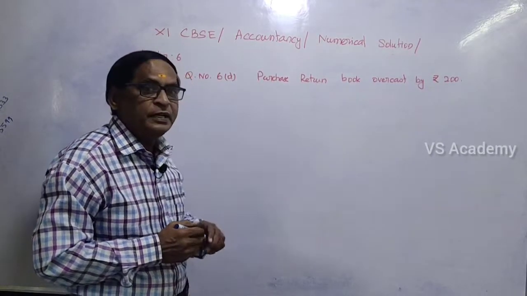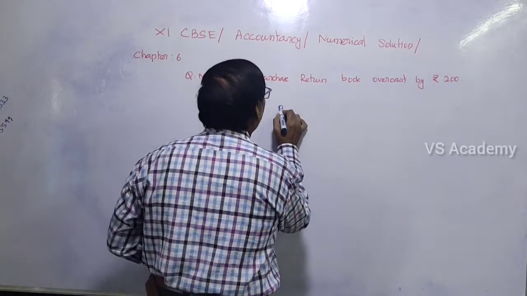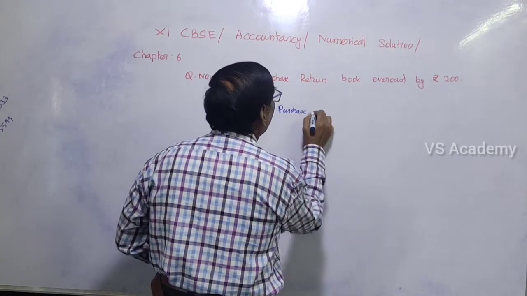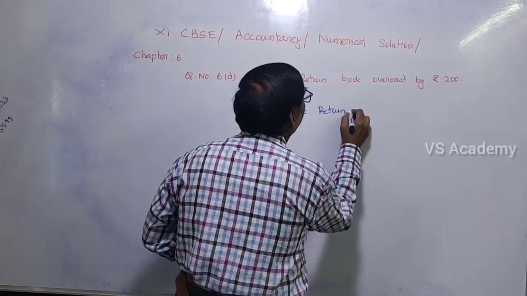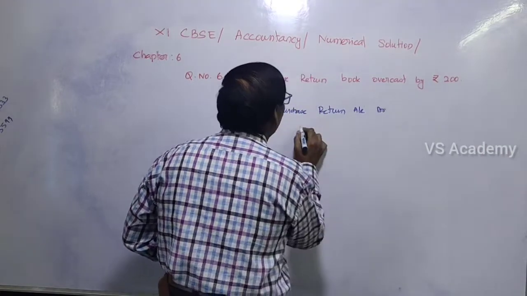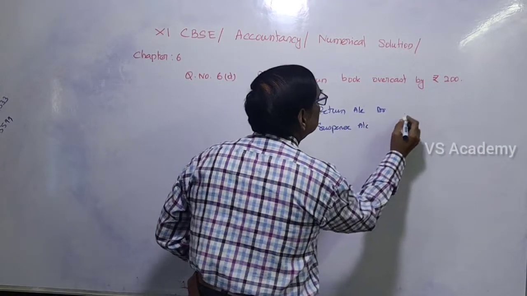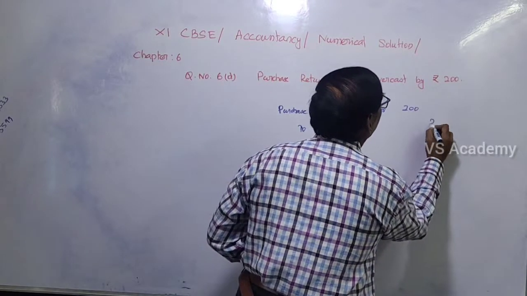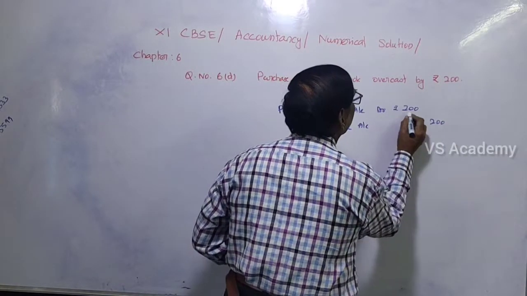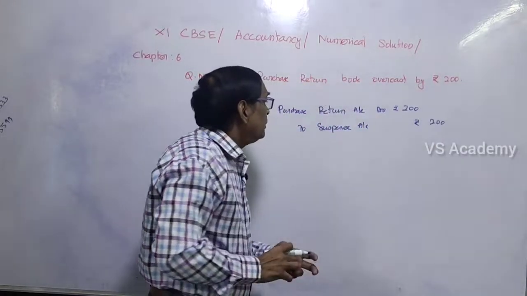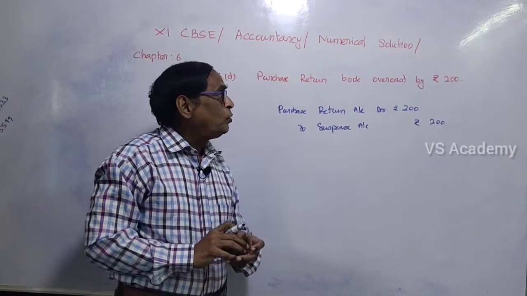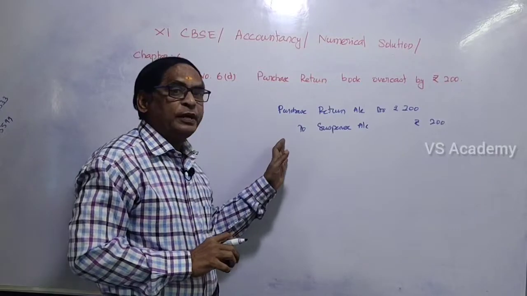So the purchase return account should be debited. Purchase return account to suspense account, 200 rupees. So the purchase return book overcast by 200 rupees is now rectified.